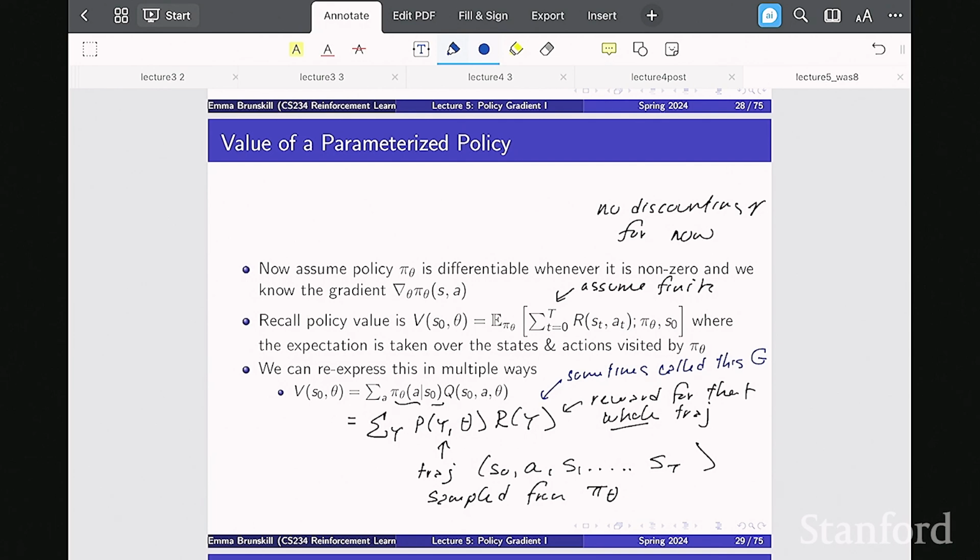You can think of just taking n samples, just like what we saw with Monte Carlo methods, and using that to approximate it. So in general, this is intractable, but we can approximate by sampling.